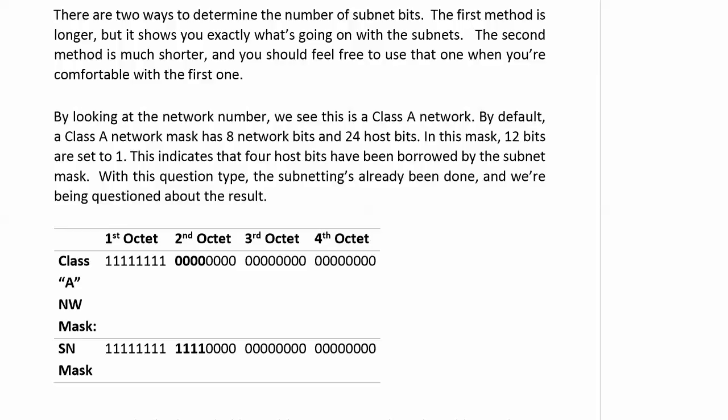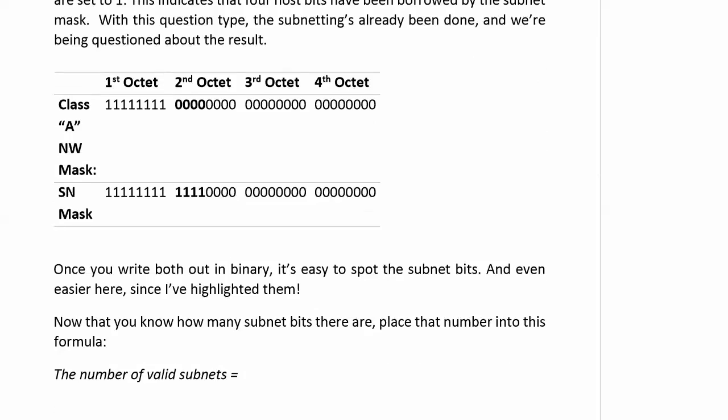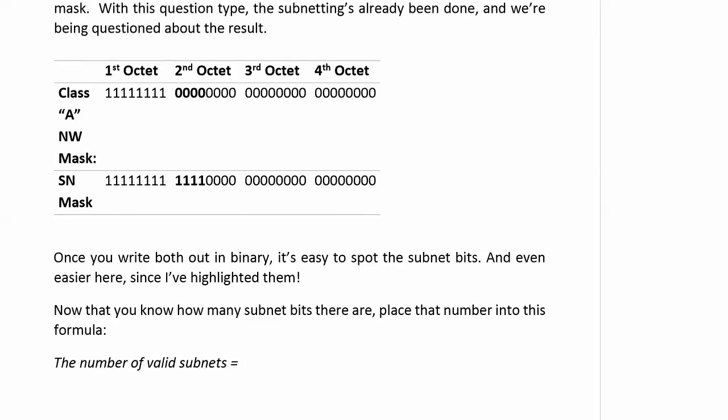Now, once you write it out in binary, and again, do this until you're totally comfortable with it, it's easy to spot the subnet bits, because they're going to be where the subnet mask has 1s and the network mask has 0s. Those are the subnet bits. And I hate that this got split across 2 pages, but that's okay. Because once you know how many subnet bits there are, you just need to put that number into a formula. And I hate to even say formula.